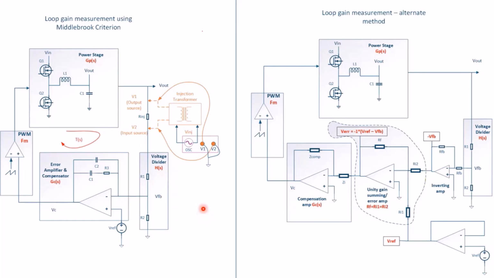Initially, I used the Middlebrook criterion of signal injection and experienced noise issues in the low frequency range, which gave me bad readings on the gain and the phase, particularly in the low frequency regime.